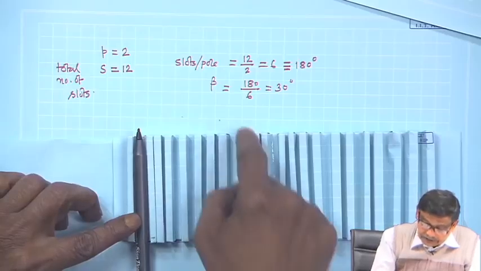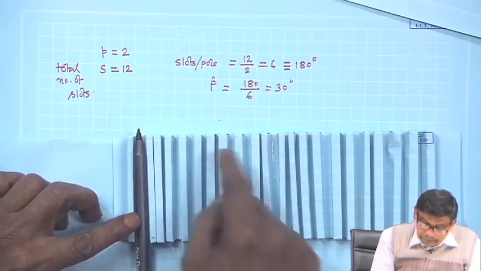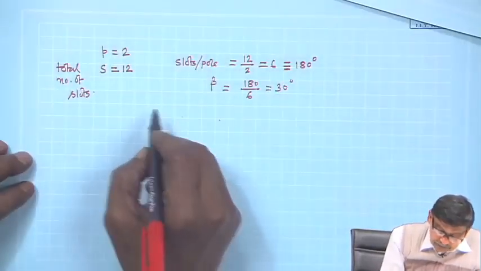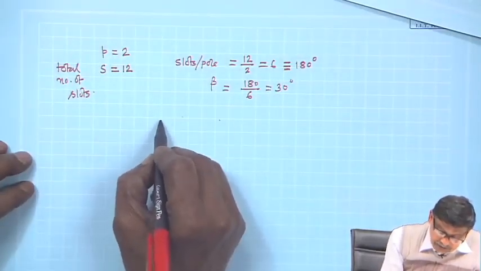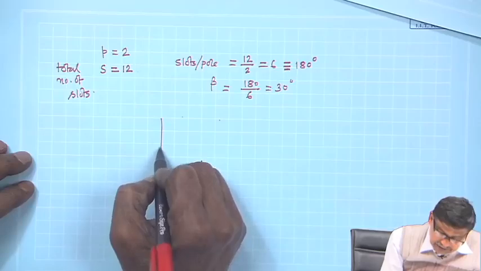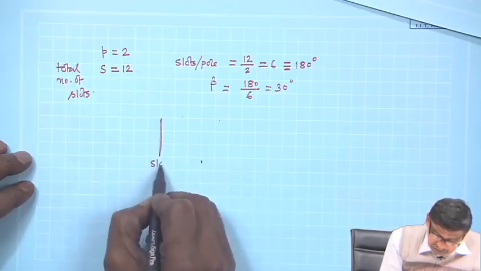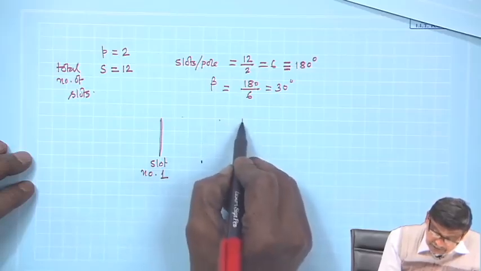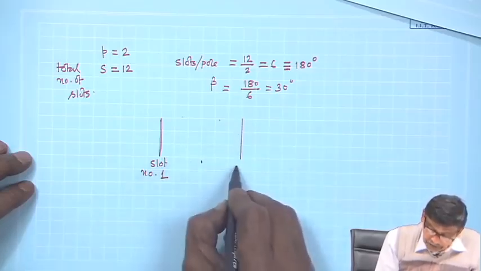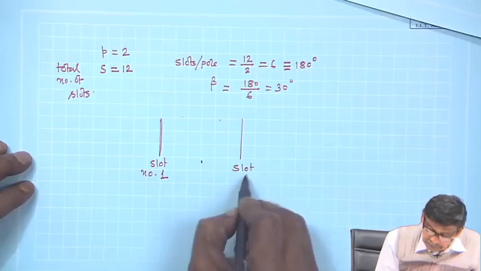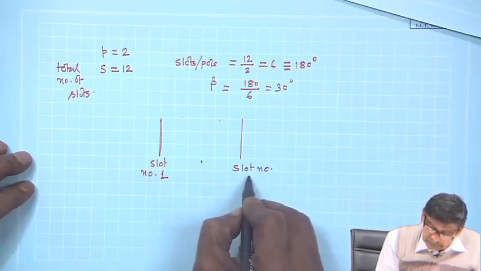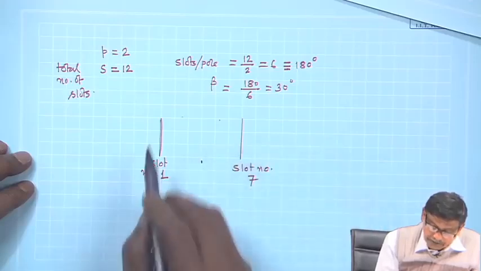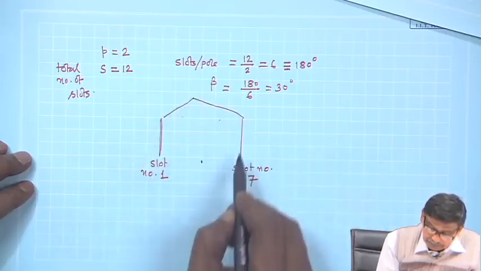So, for a full pitched coil, if one coil side is kept in slot number 1, its return should be in slot number 7. They should be 6 slots apart. This is your coil.